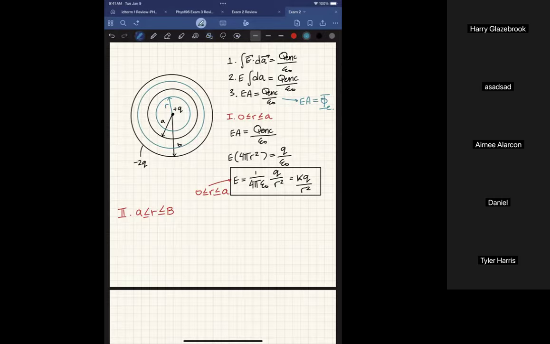I drew my Gaussian sphere, that's in the blue. It has a radius of r. I know that Gauss's law says the electric field times the area of my Gaussian sphere equals the charge enclosed by my Gaussian sphere over epsilon naught.